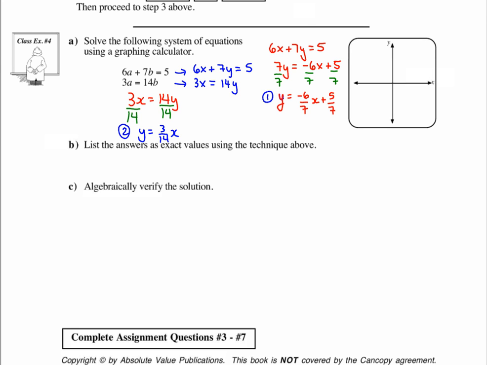Let's type those both into our graphing calculators. Now, you will get the same answer if you made x your b value and y was a. You'll get different graphs, but the same solution. Okay, so it doesn't matter who you make x and y. The graphs might look just a little different, but you'll still get the same intersection. Okay, so graphing calculators.